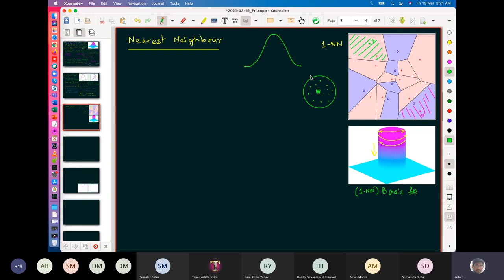That the points further away may not have any influence on that. If they do not have any influence, then this basis function again results, because I am only looking for a fixed radius. After that, it is drastically 0. Or I could also use a Gaussian kind of influence in terms of finding the nearest neighbor.